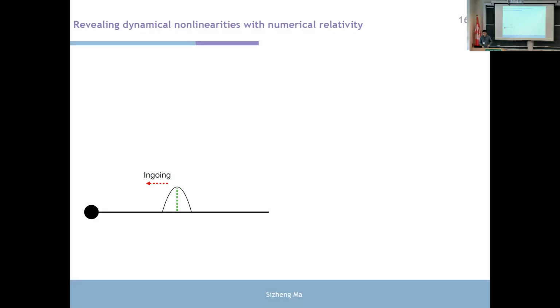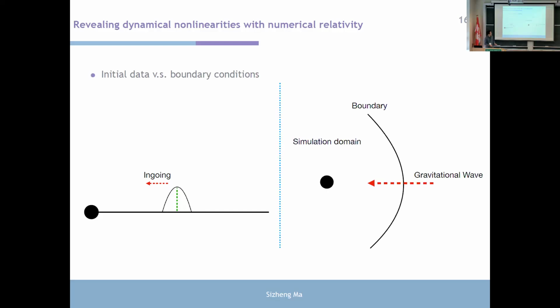For our purposes, we would like the nonlinearity to happen over a longer timescale, which initial data itself cannot really handle. So to fix this, we designed an alternative strategy. Instead of using initial data, we change boundary conditions such that we can inject gravitational waves into the system.